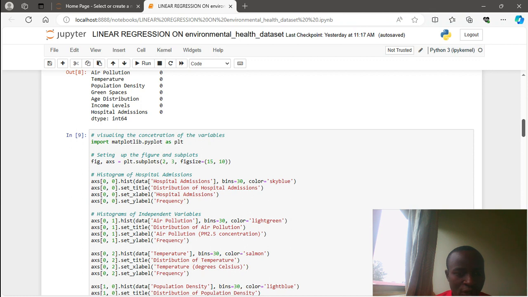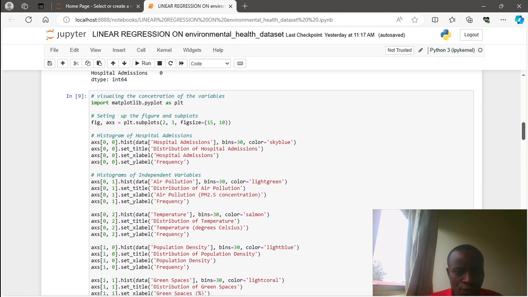Then I had to set the settings for the figure and subplots, that is figure. This is 2 by 3, meaning I have 2 rows and 3 columns, to distribute my subplots, then the figure size, that is the length 15 and width 10.